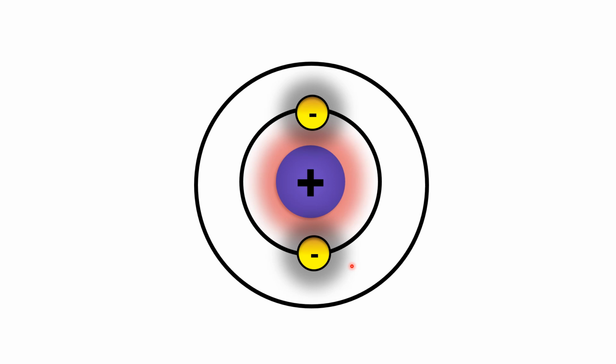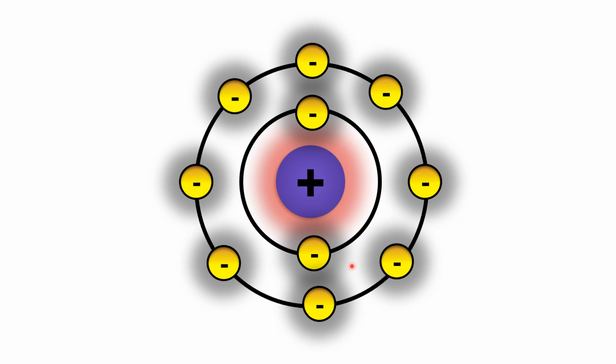The 2s2 subshell has 2 electrons, and the 2p6 subshell has a maximum of 6 electrons. So the total number of electrons in the second shell, the L shell, is 8.